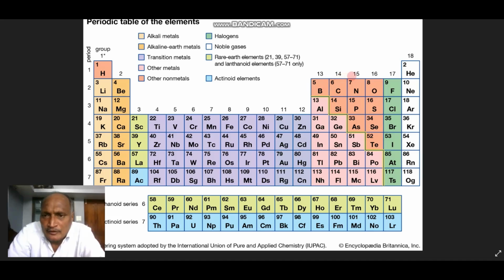Elements belonging to fifth A group, that is nitrogen family. Elements belonging to sixth A group, that is oxygen family. Elements belonging to seventh A group, that is halogens. And the elements belonging to zero group, that is noble gases, except helium, belong to the p block.